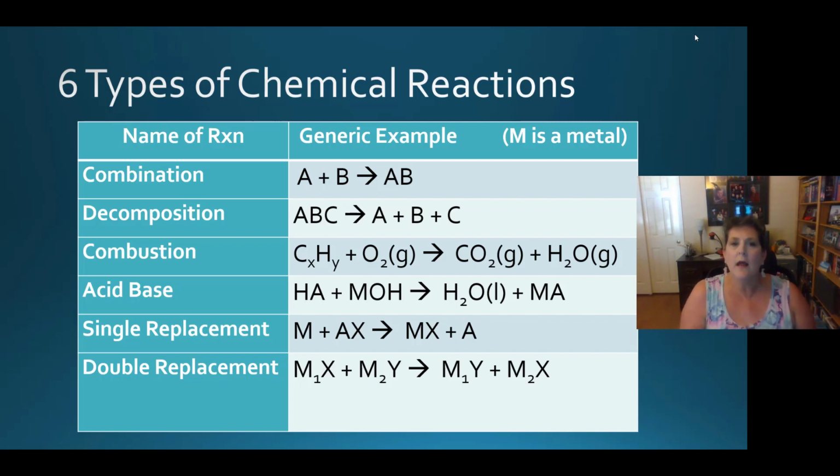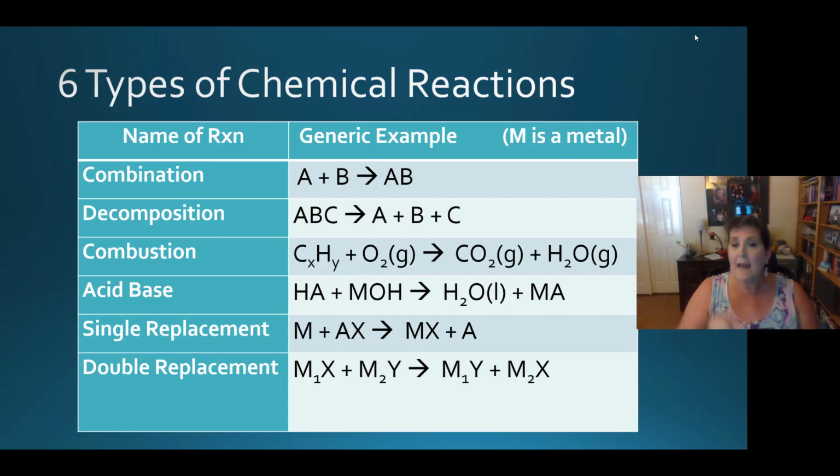So it makes water. And then we have whatever's left over coming together. So we're going to have a non-metal from the acid and typically a metal from the base. So those come together. And when you have a metal and a non-metal, that's an ionic compound. So we're going to make an ionic compound, a metal with a non-metal.